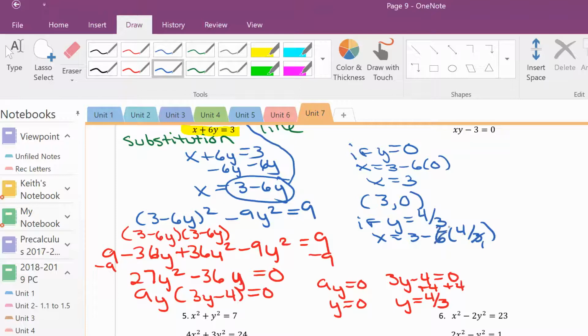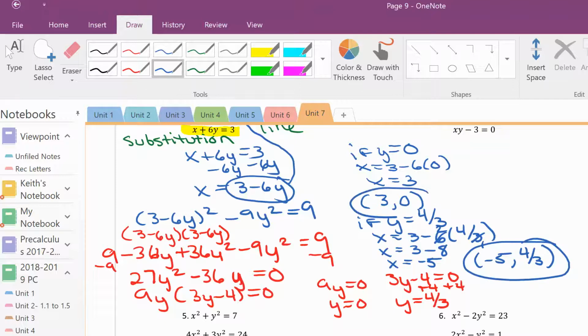Notice it goes in twice. So x equals 3 minus 8. So x equals -5. So it's -5 and 4/3. So these are your two answers, your two solutions.